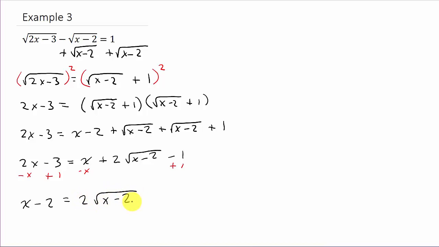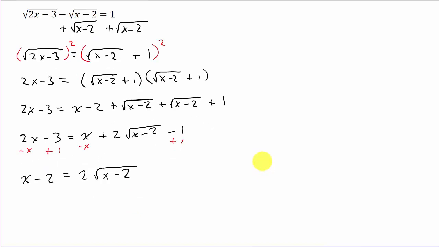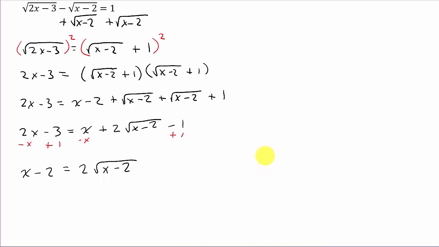Now remember we said let's isolate the radical. Pay attention here. I've got 2 times this. What I could do is divide both sides by 2, and that would give me this. Then if I square both sides, I've got a fraction, and we don't like working with fractions.